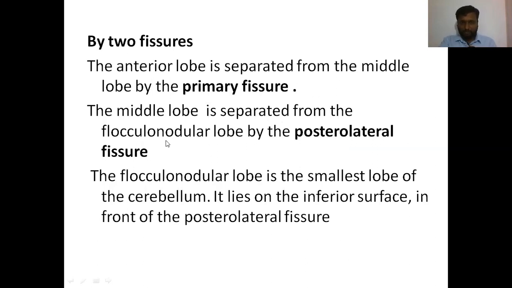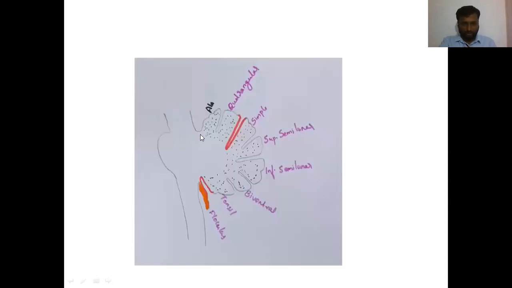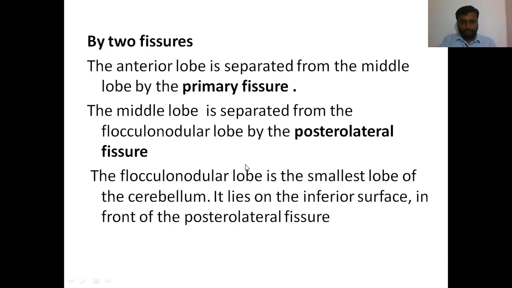The middle lobe is separated from the flocculonodular lobe by the posterolateral fissure. Let's check it again. The anterior lobe is separated from the middle lobe by this primary fissure. This is the anterior lobe, and this area is the middle lobe. These two are separated by this primary fissure. And this middle lobe is separated from the flocculonodular lobe by this fissure, the posterolateral fissure.